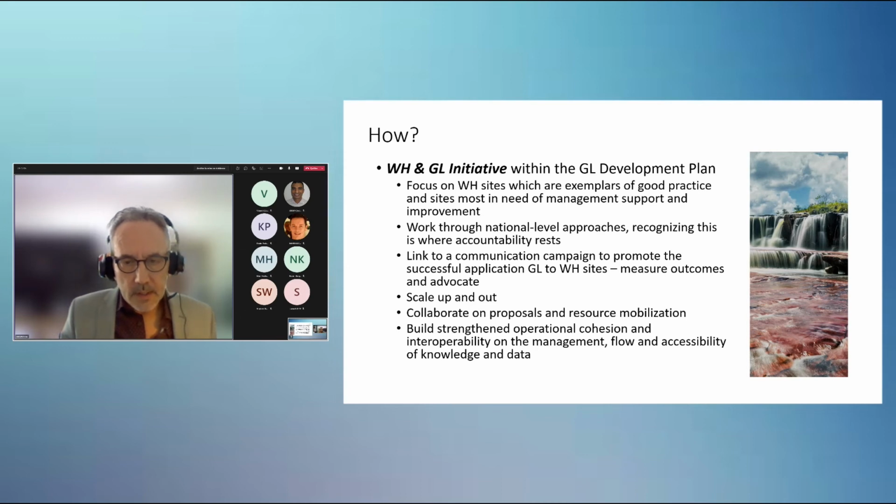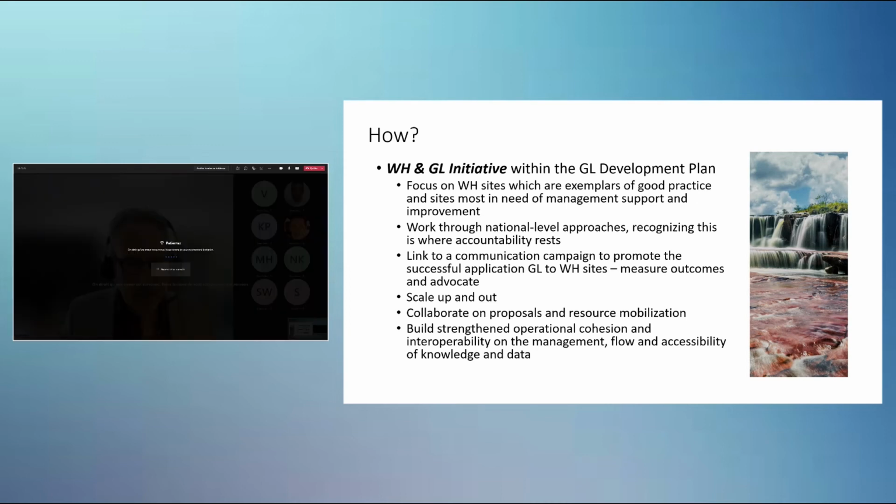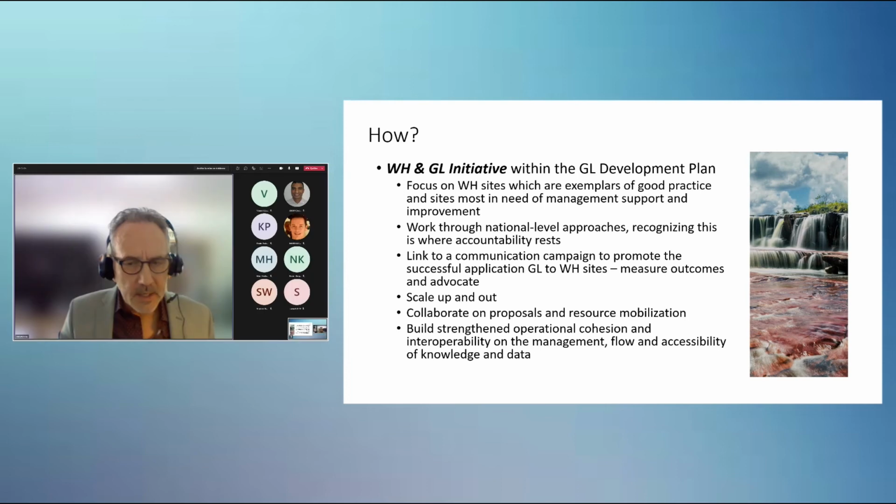And we'd work importantly through a strong communication campaign and awareness campaign to really scale this up and out. And this is where things like Panorama can build momentum.